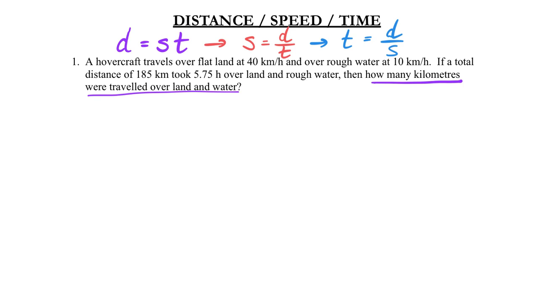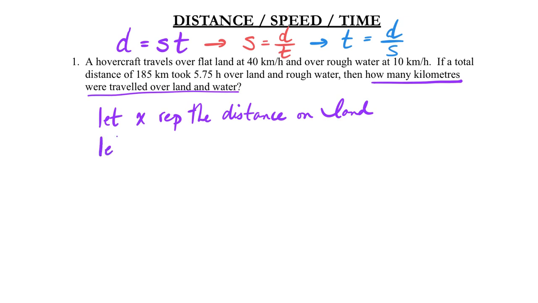And so maybe we say that I'm going to let x represent the distance on land. And if I do that, then I could say that I'm going to let y represent the distance on water or over water.